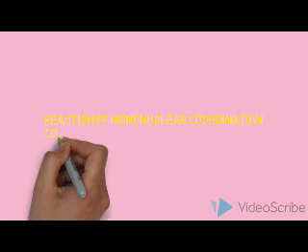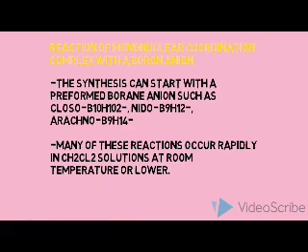For the reaction of a mononuclear coordination complex with a boron anion, the synthesis can start with a preformed borane anion such as closoborohydride, nidoborohydride, or arachnoborohydride. Many of these reactions occur rapidly in CH2Cl2 solutions at room temperature or lower.